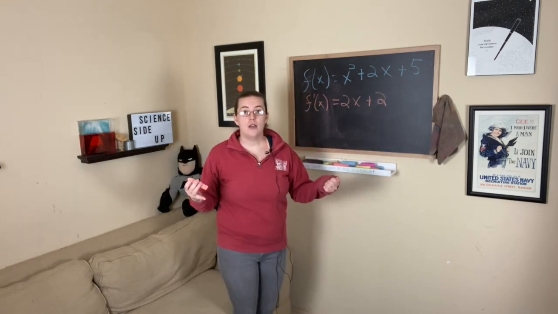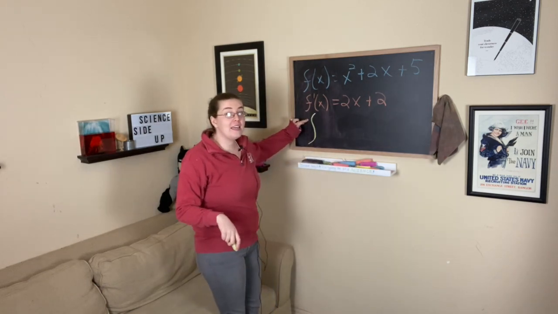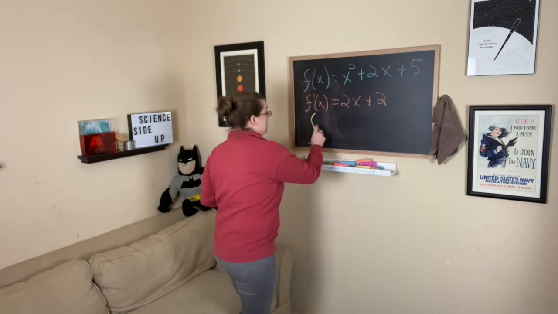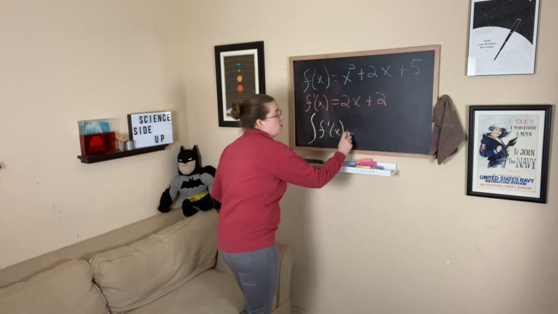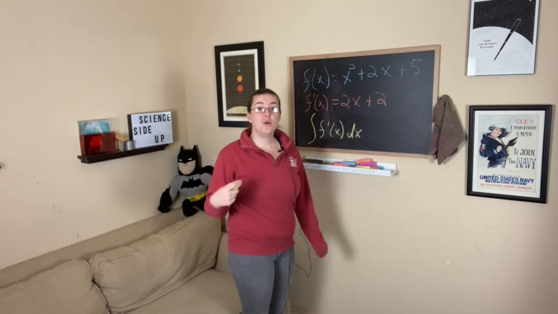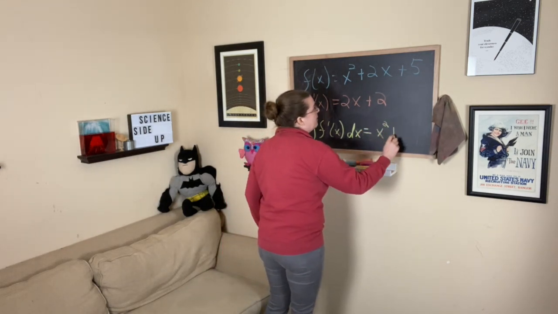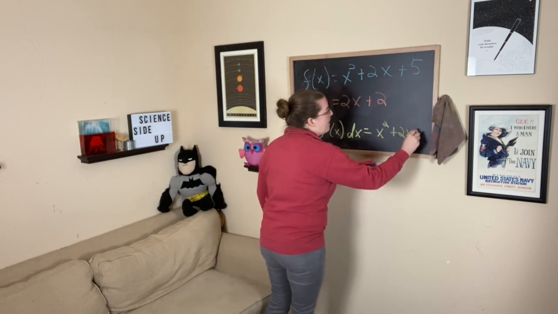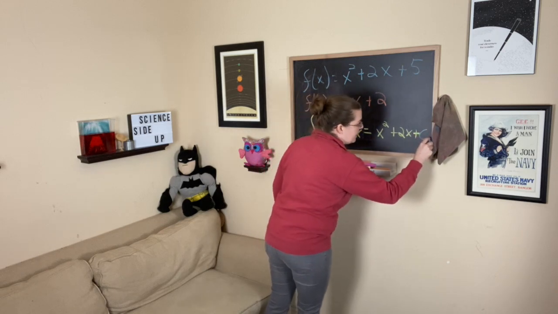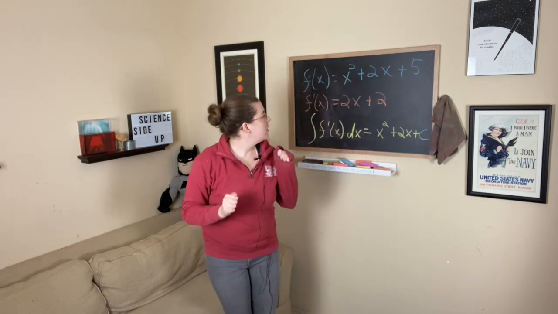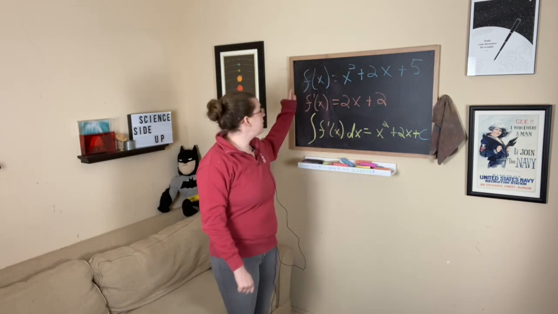So now I'm going to take the integral of f prime of x. This big elongated s just means the integral of. So f prime of x, the derivative of our function with respect to x, is equal to x squared plus 2x plus c. So notice that we started with our function and then we took its derivative.